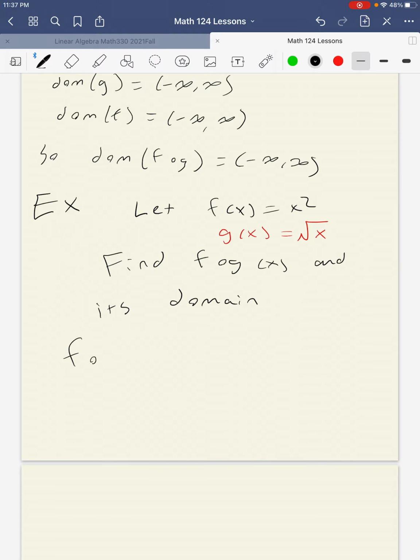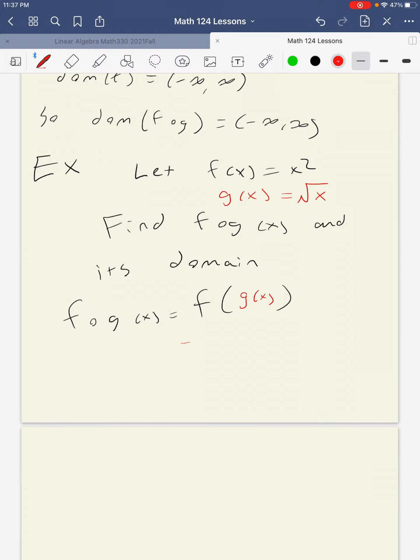Okay, so f of g of x just means we have f and we plug the formula g inside. Now if you recall, g is equal to the square root of x, so we're just plugging the square root of x inside of the formula f.